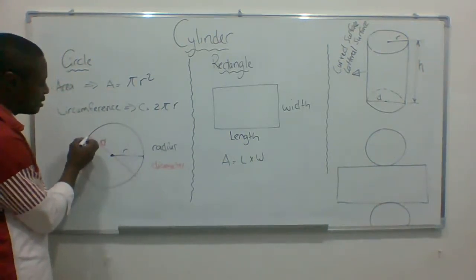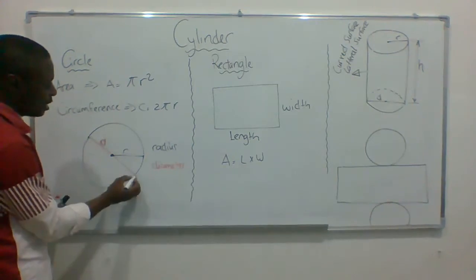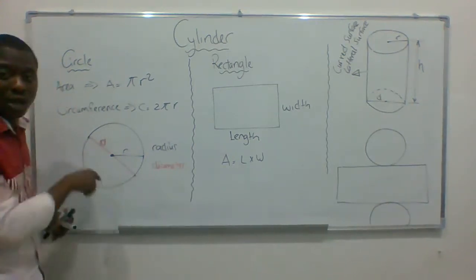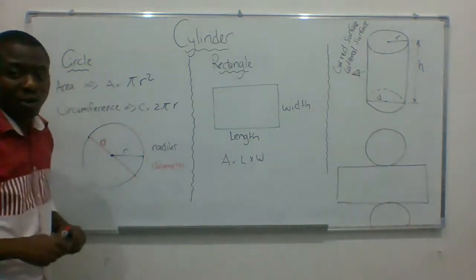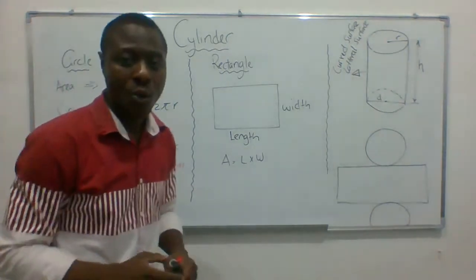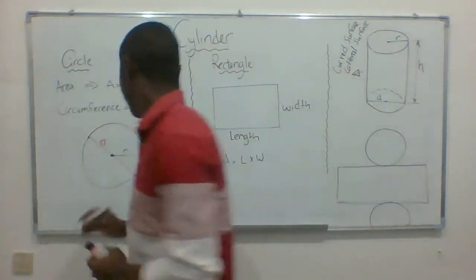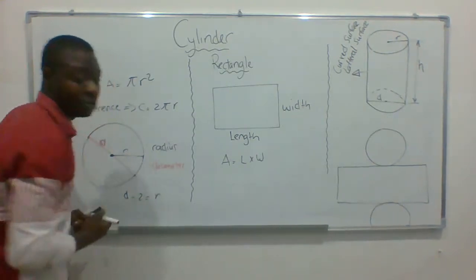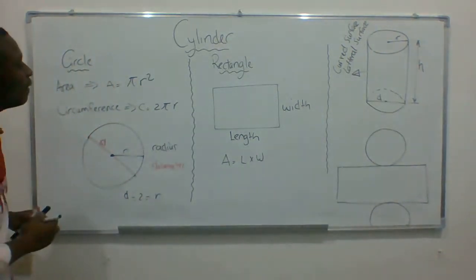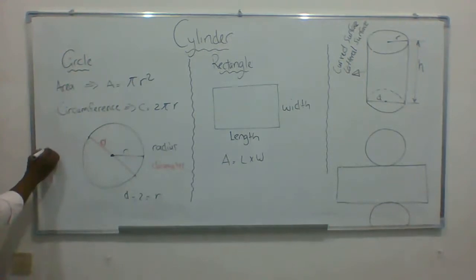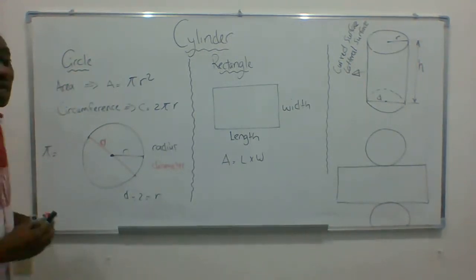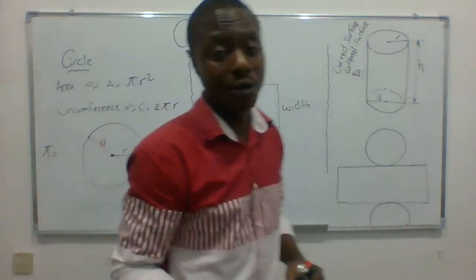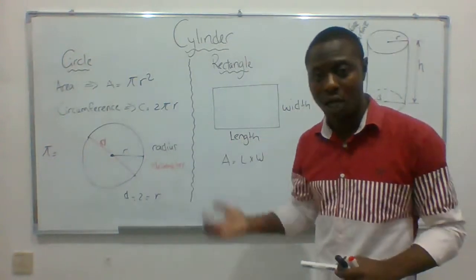The diameter is this line segment that goes across a circle through the center point. That's called the diameter. So when you divide the diameter by 2, this is equal to the radius. So what is pi? Pi is a conventional number. We can learn how to determine that, but it's going to take us a lot of time.